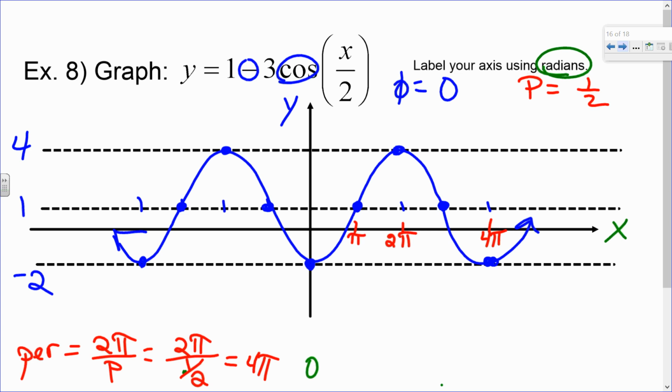How far apart are all of my critical points going to be? So 0 plus pi, plus pi, plus pi, plus pi. Same thing going this way. Minus pi, minus 2 pi, minus 3 pi, and minus 4 pi. And I've got the axes labeled, max and min, so there's my graph.